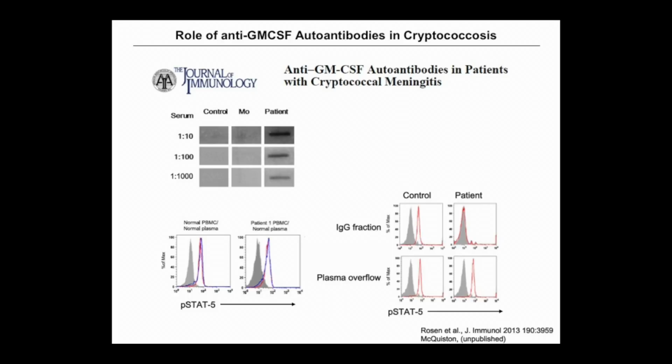And more importantly, because a lot of autoantibodies don't have function, this work was done by Sarah Brown at NIH. She showed that the antibody would block STAT5 phosphorylation, which is a marker for activation. The IgG fraction from the patient would block the phosphorylation of STAT5, and the plasma flow-through would not, showing that this was an autoantibody.